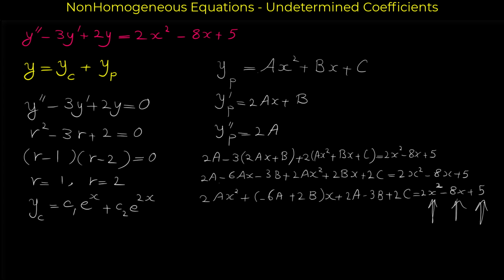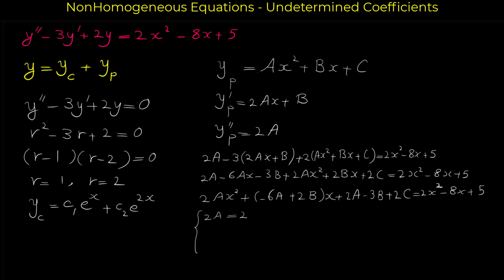This means equating left side coefficients with right side coefficients. For example, what is the coefficient of x squared on the right? 2. What is the coefficient of x squared on the left? 2a. So 2a equals 2.